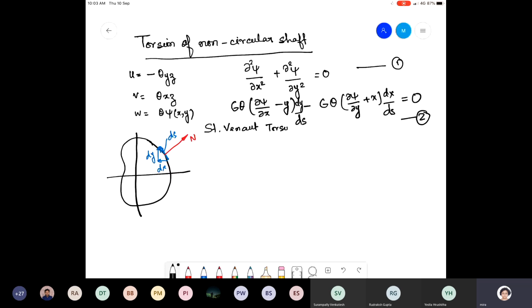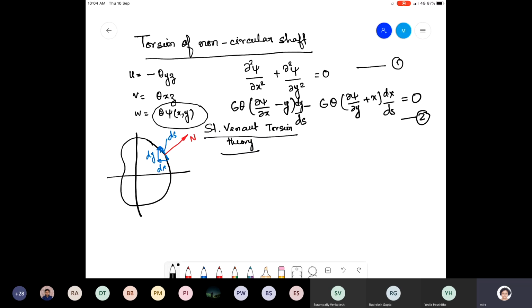As a brief recap, the only difference between torsion of circular shaft and torsion of non-circular shaft is that in non-circular shaft there is an out of plane deformation, which is given by this warping function psi(x, y).